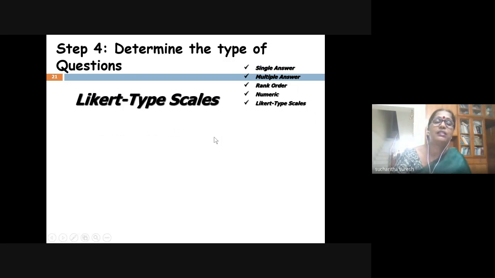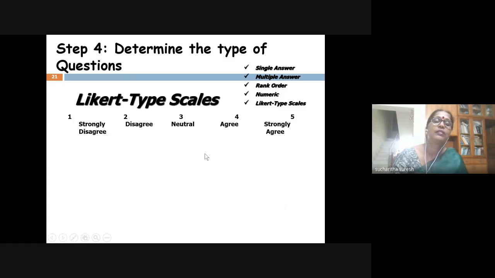Next is the Likert type of scale. Very famously, most people are using this Likert type, and I also suggest it. But when to use it? Whenever you are trying to measure attitudes, perceptions, and beliefs, you have to use the Likert type of scale.